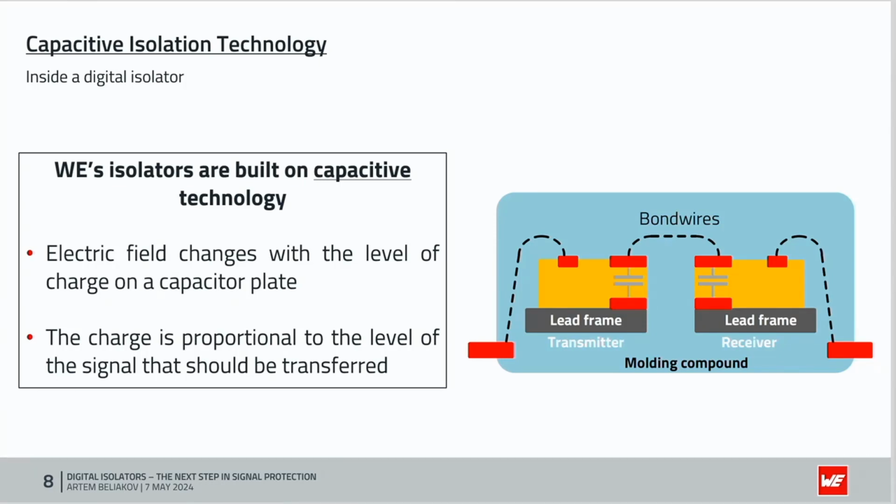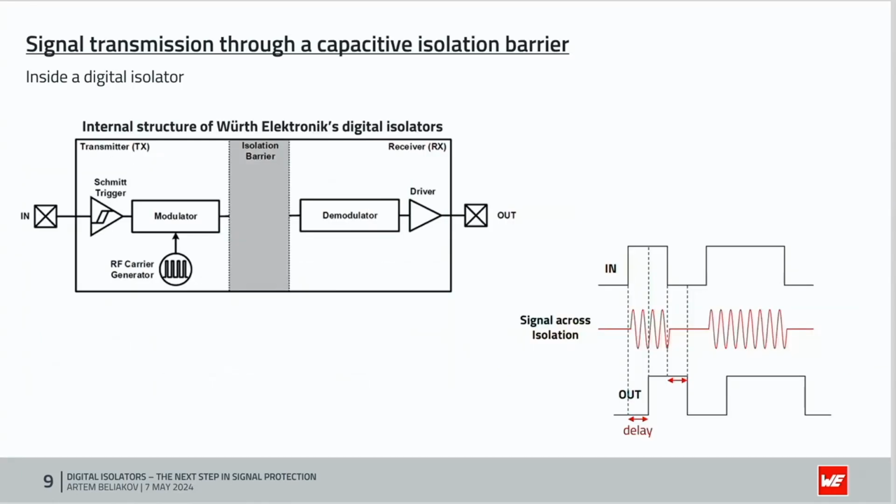Now let's clarify how data transfer is realized. As you already know, digital isolators transfer signal through isolation barrier. It's achieved by modulator to transfer high-frequency signal through isolation, and receiver demodulates high-frequency signal into output signals.